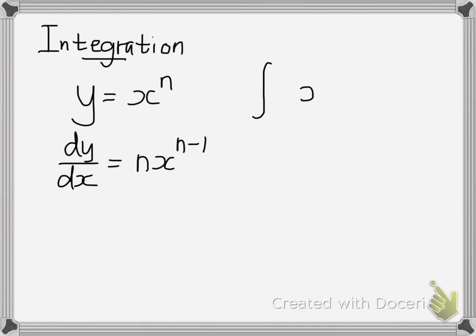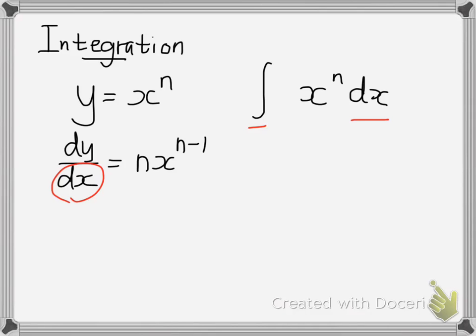If you have x to the power n, so if you're gonna integrate this, this sign and the letter dx, this is a symbol. It must always be that, because as we mentioned earlier, that dx is a symbol.